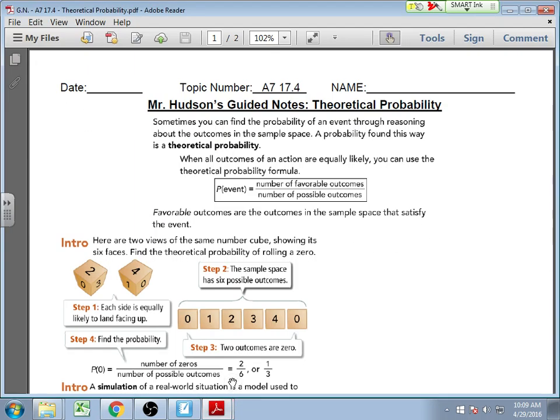So, on your notes, write off to the side: based on only math. No experiment is involved. No trials, no tests, just the math. Which makes this easy, because we don't have to do anything. It's just like making predictions.